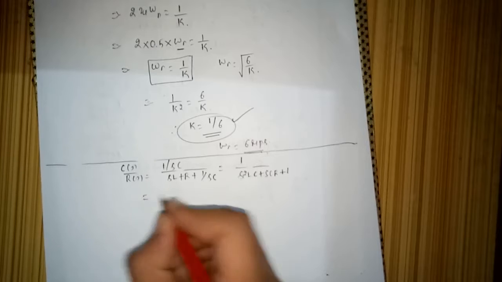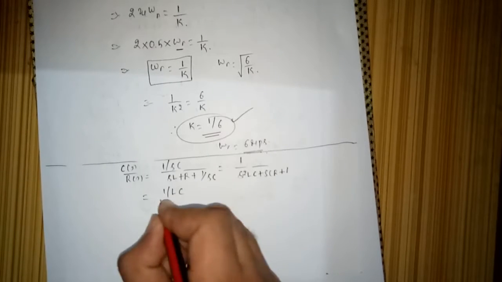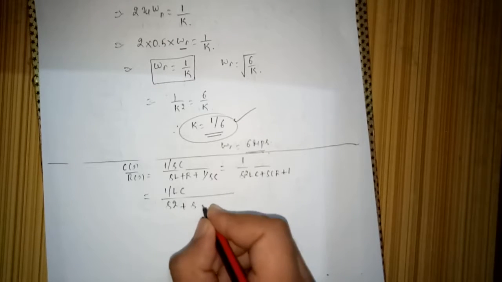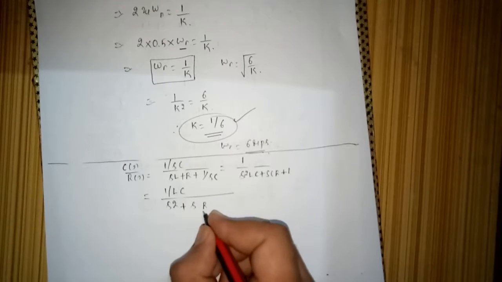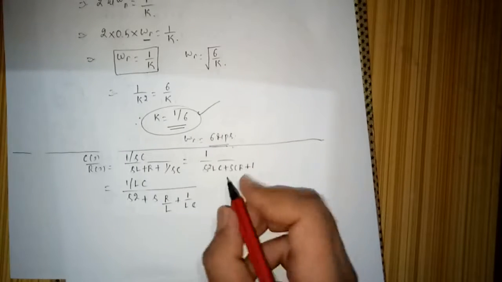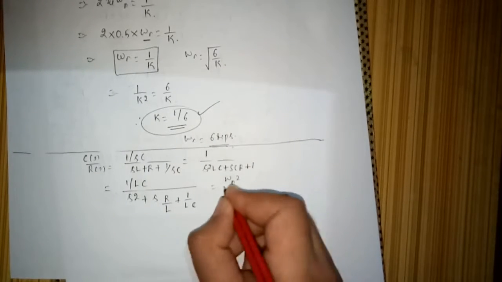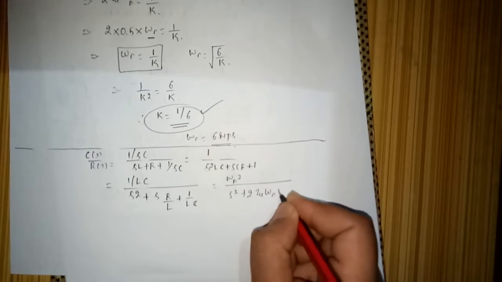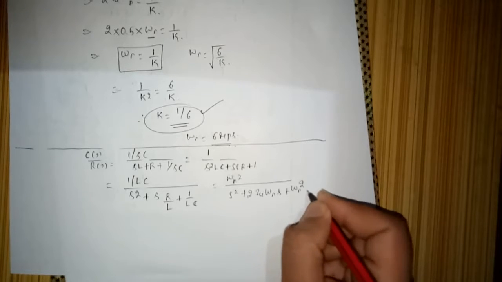So how can I write this in terms of standard form? 1 by LC upon s square plus s, C gets cancelled, R by L s plus 1 by LC, and in general I have omega n square upon s square plus 2 zeta omega n s plus omega n square, right?